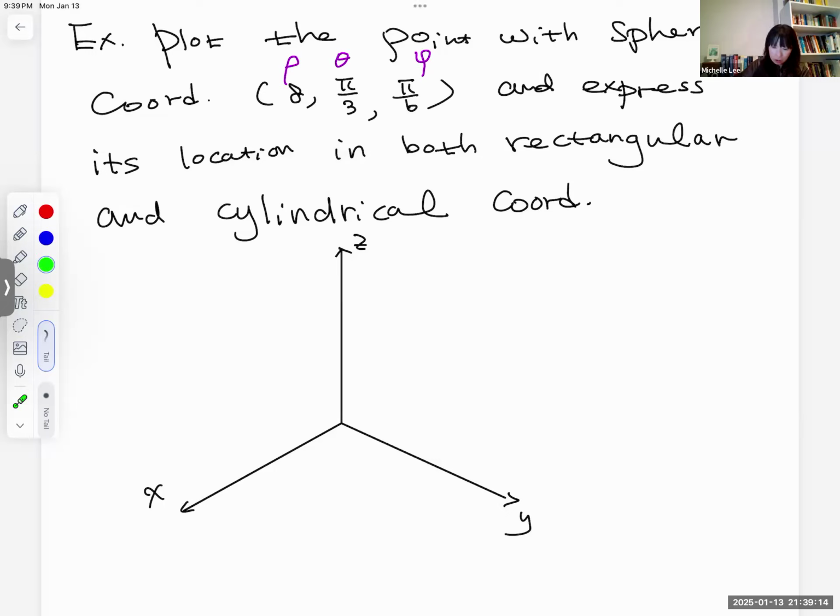Rho is the distance from the origin to the point. That's the rho, right? Okay.